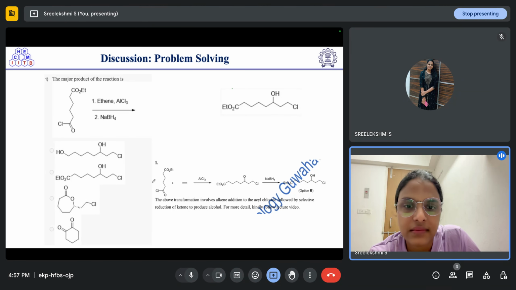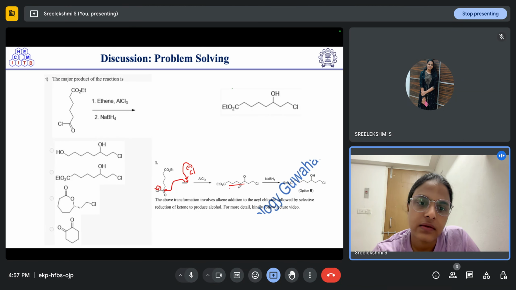So first this double bond will attack over this carbon, Cl minus will be leaving out, and this will result in one carbocation, which will be stabilized by the attack of one Cl minus from the AlCl4 minus, resulting in this compound.